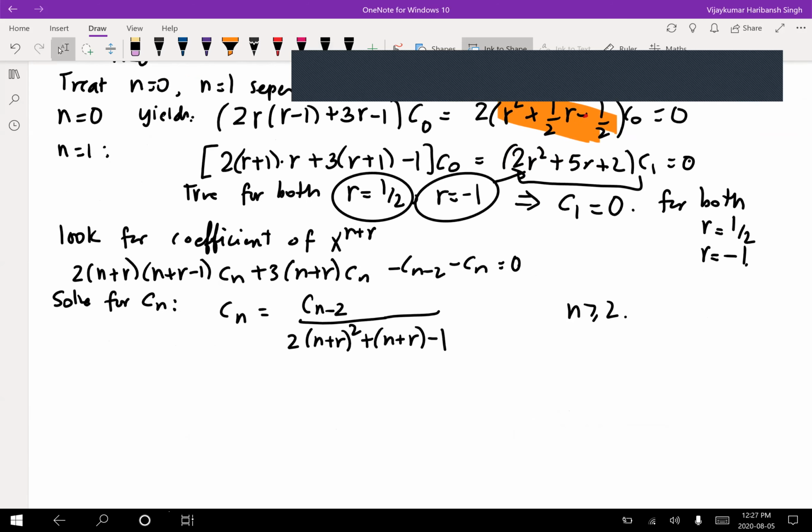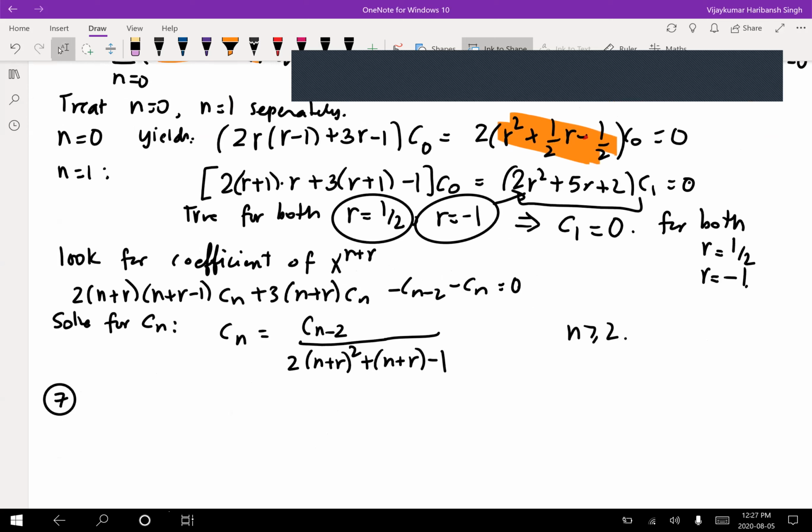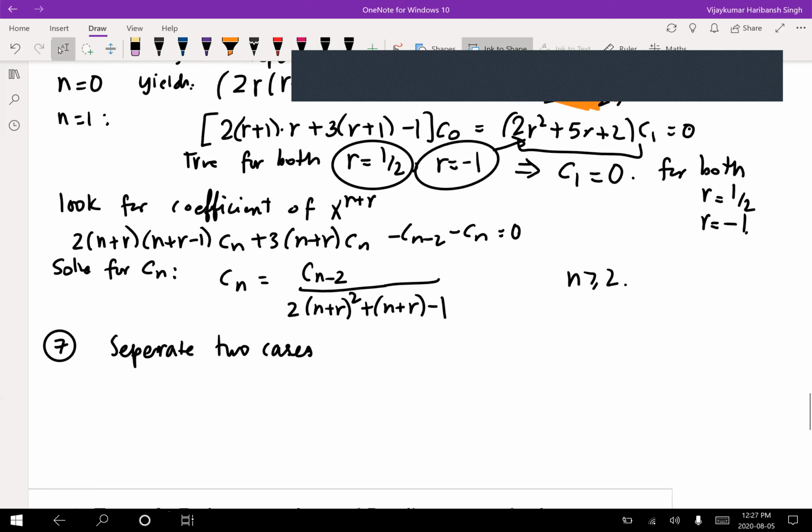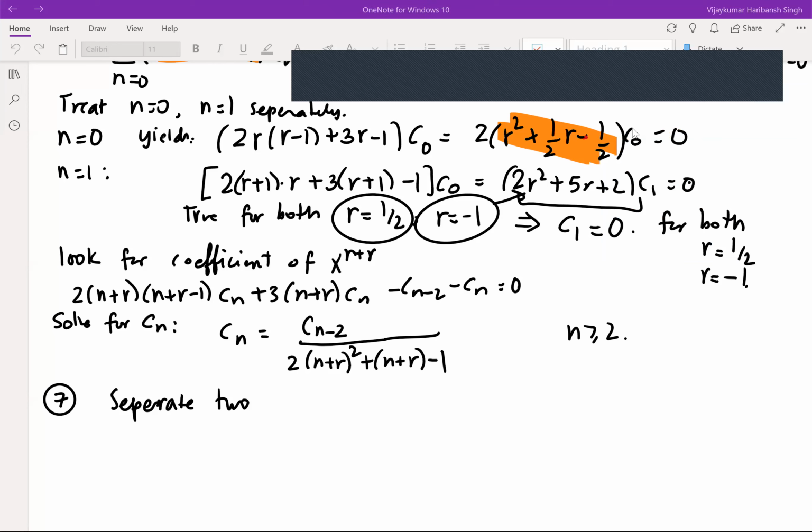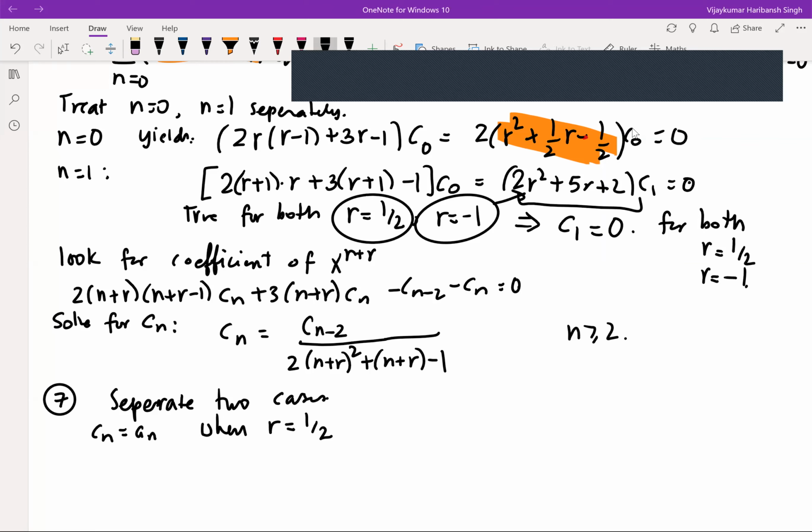So now we'll separate the two cases. What two cases do we have? cn equals an when r equals half, and we get c0 equals a0.